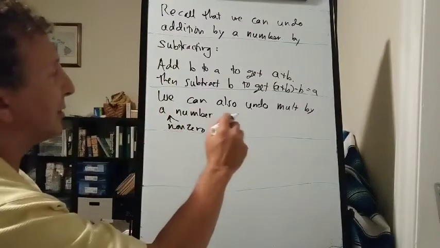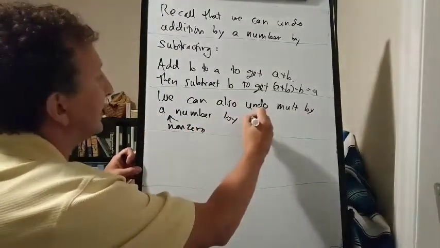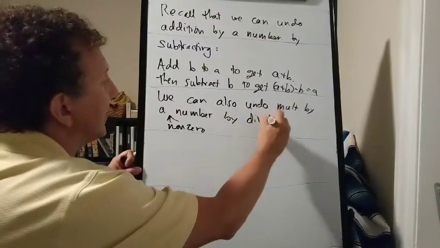So we can also undo multiplication by a non-zero number by dividing.